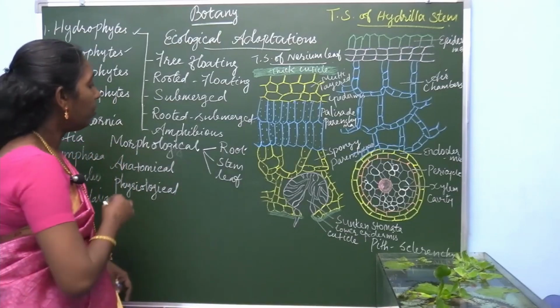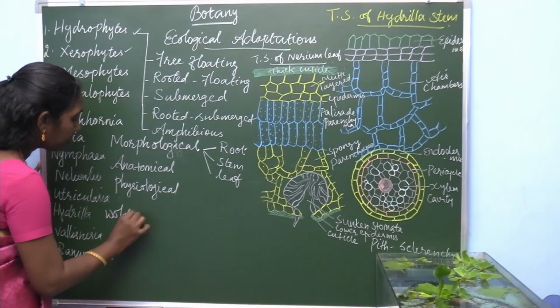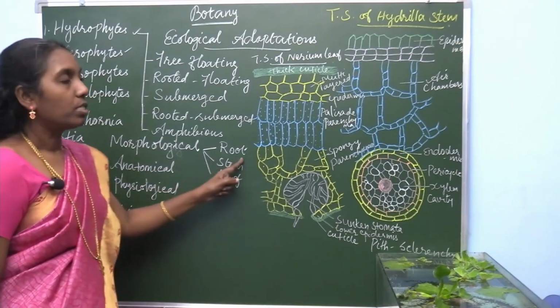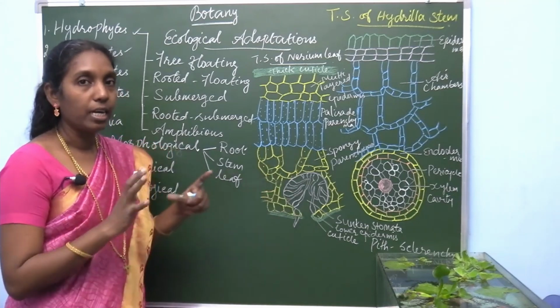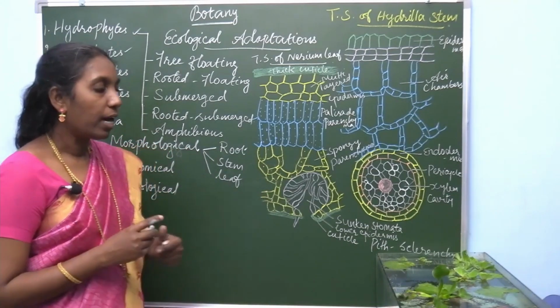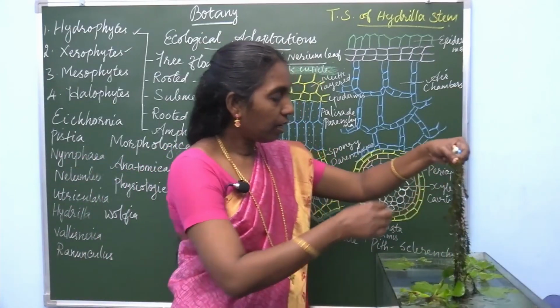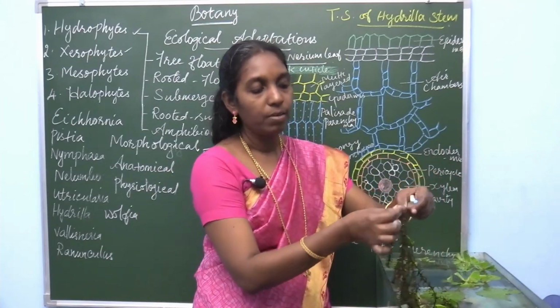There is an example, Wolffia. In Wolffia, roots are completely absent. There are poorly developed roots in Hydrilla. In this Hydrilla plant, these are the roots, poorly developed.